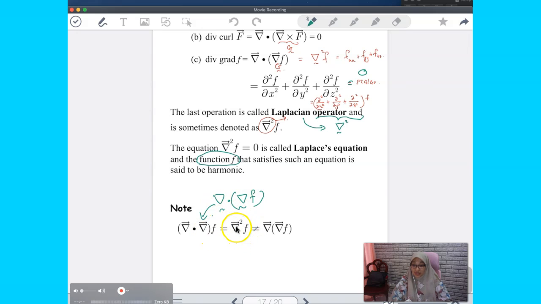And the answer here is the Laplacian operator, right? But this expression is not actually the same as this one, because you have to bear in mind that this is a vector and this is a vector. In order to have the correct operation, there should be a dot or a cross.